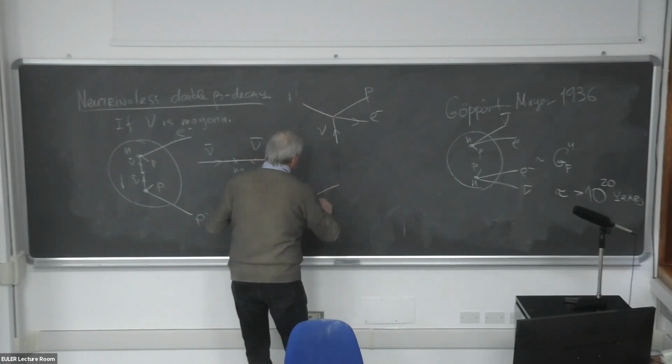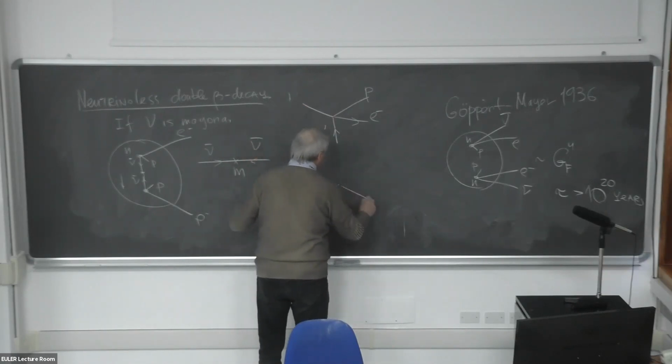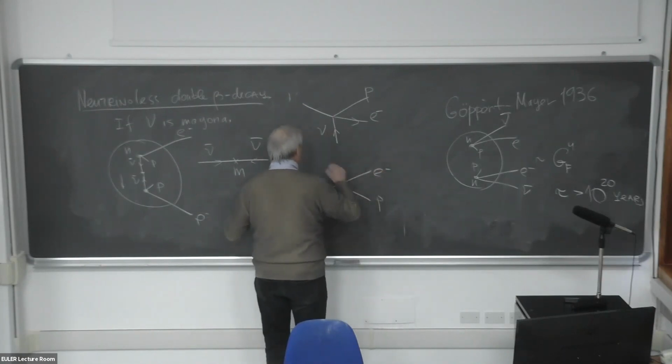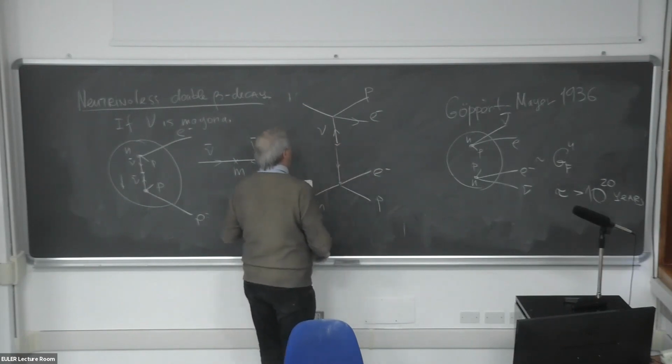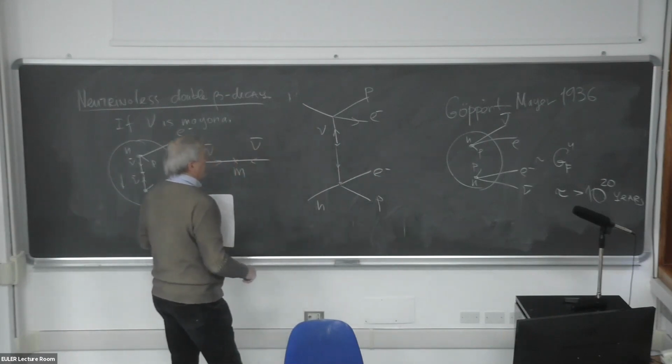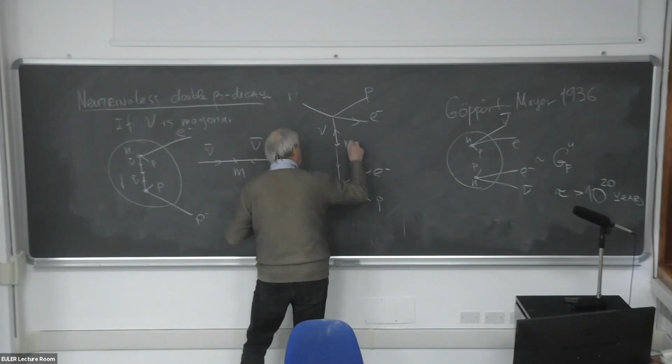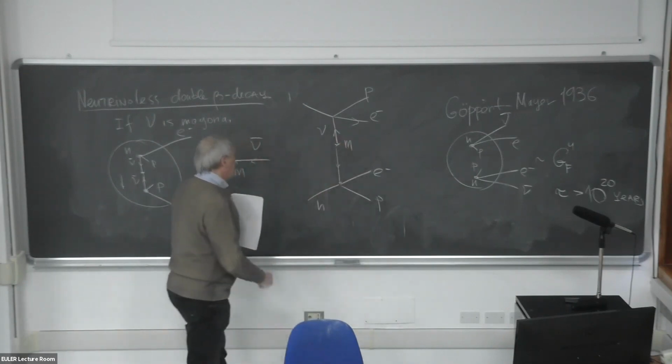So another neutron does the same, it produces proton, E minus, and we have this absorption of a neutrino. And this is because of Majorana nature, so we have this type of the transitions.